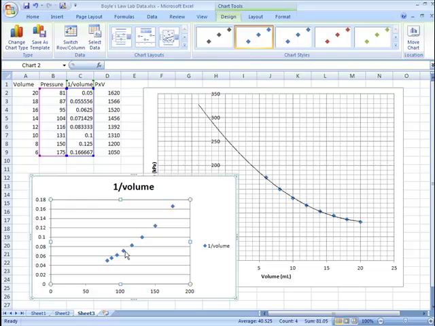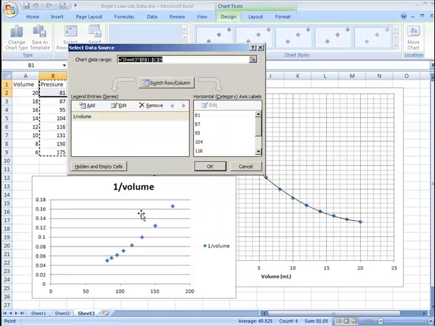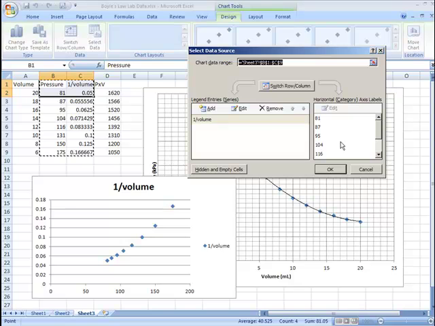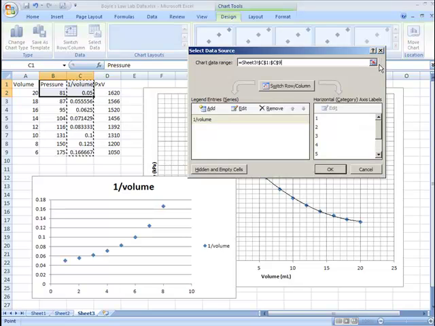Alright. So right click on the series. Select data. And this is 1 over volume. Chart data range. Select that one.